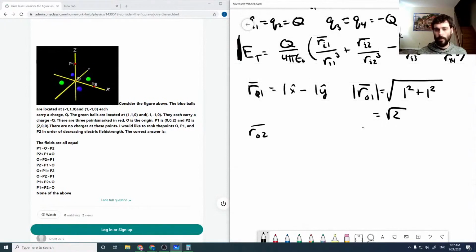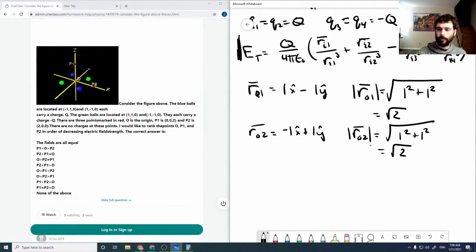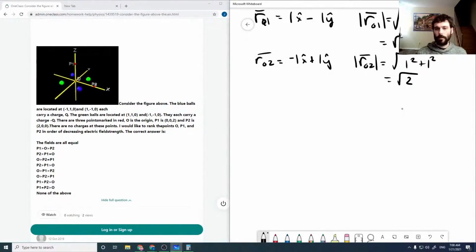RO2 vector was minus 1 x hat plus 1 y hat, so its magnitude is square root of 1 squared plus 1 squared, which is square root of 2. And I think you can see a pattern here.